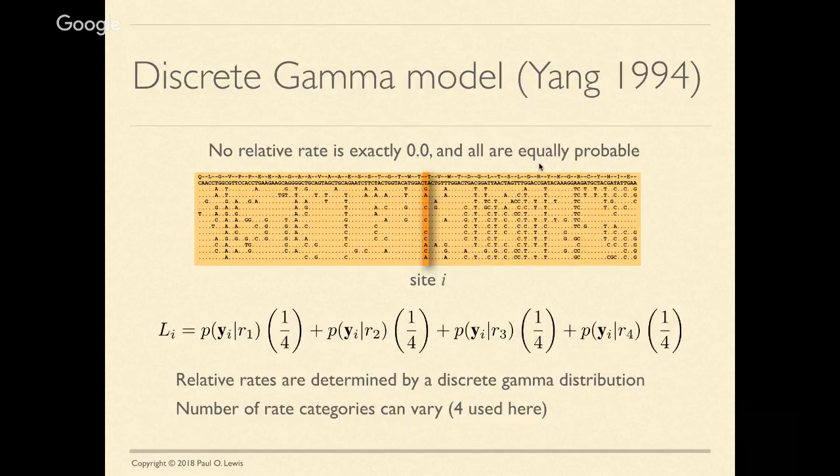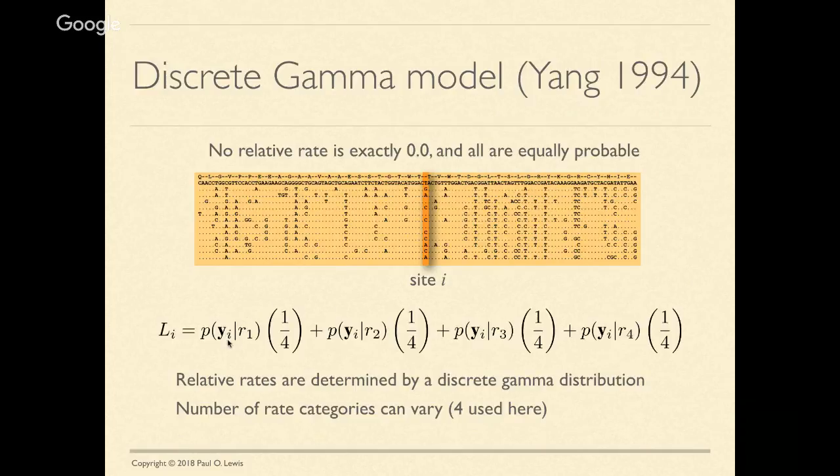They're all evolving at different rates, but they all have the same probability. So we assume a fraction 1/4 are evolving at R1 and 1/4 are evolving at R2, and so forth, if our likelihood is based on 4 different relative rates. We can use a different number than 4, but 4 is a common number to use for this discrete gamma model.